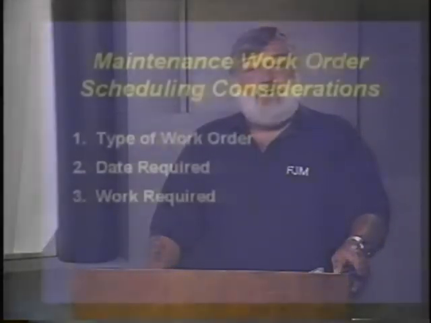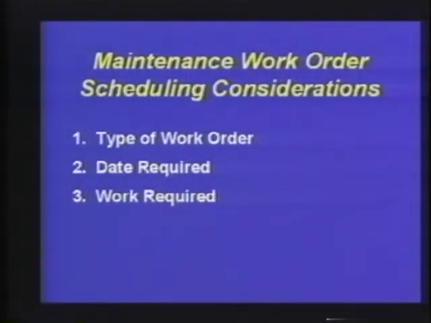The work required is the detail relative to step number 3 of the work order, and that's called the work time, or sometimes we refer to it as the wrench time.